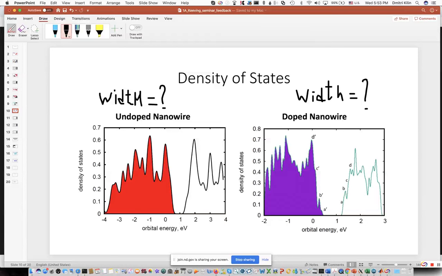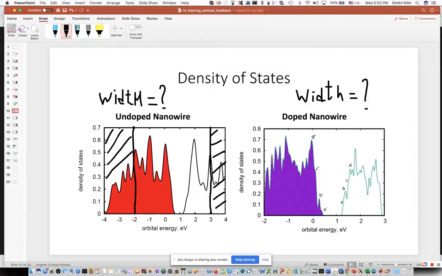Okay. So the density of states on the left is my undoped nanowire, so that's my nanowire without any doping of sodium or iodine at all. And then on the right is my doped nanowire with both sodium and iodine on here.